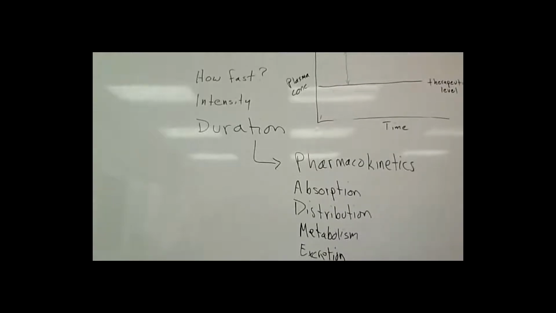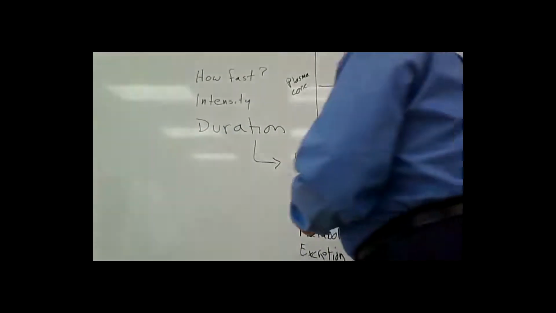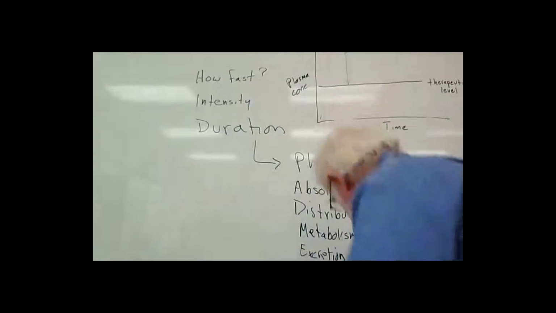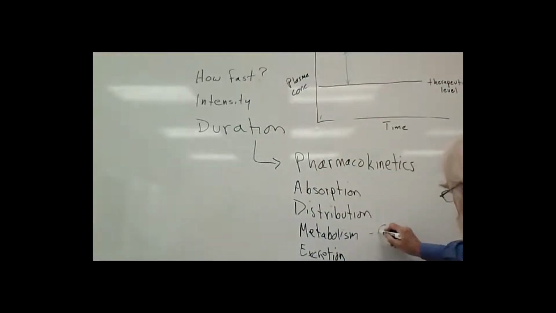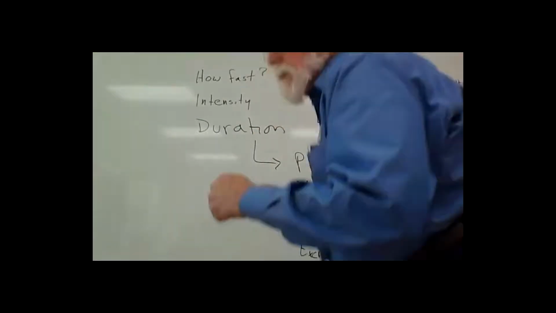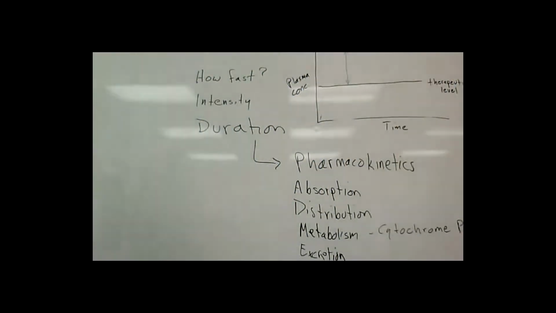The liver has a set of enzymes which are given the designation cytochrome P450. Now, the origin of that term is not terribly important.